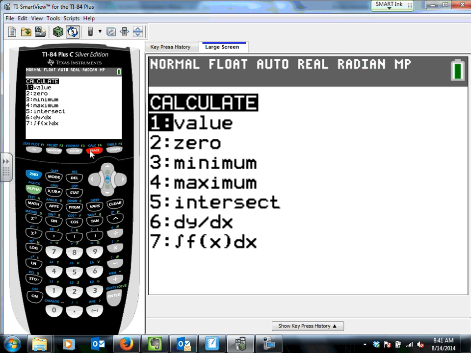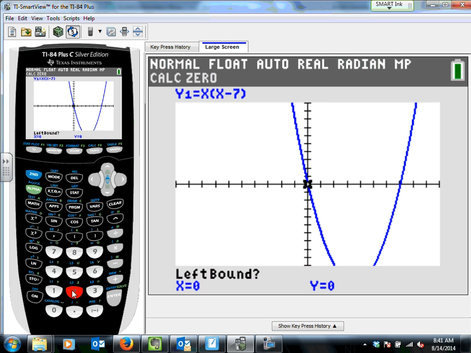If I want to calculate the other zero, I have to move my cursor all the way over there. I'm to the left of my zero, then to the right of my zero, and then it tells me that my zero is at 7.